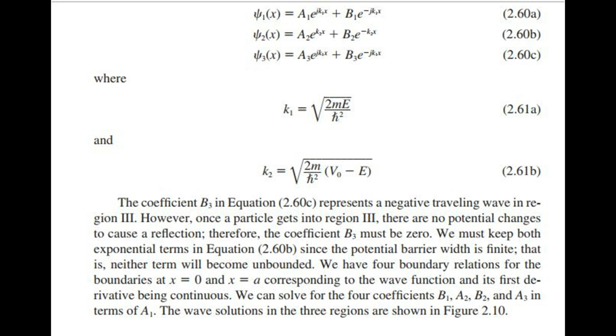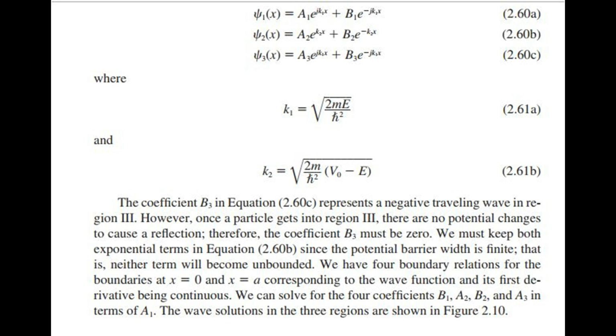However, once a particle gets into region 3, there are no potential changes to cause a reflection, therefore, the coefficient B3 must be 0. We must keep both exponential terms in equation 2.60b, since the potential barrier width is finite, that is, neither term will become unbounded.